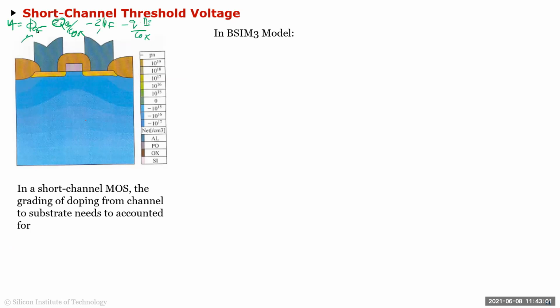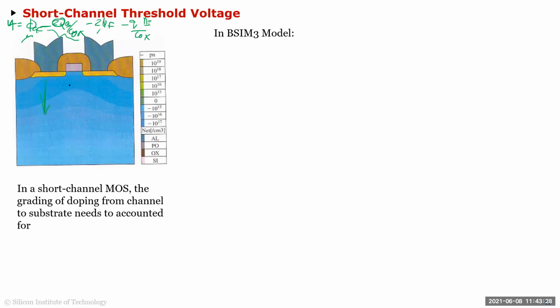Obviously the work function difference is what it is. The high field doesn't make any difference. This factor over here, the QB over COX, which has a huge difference on the VT when you're applying a substrate bias voltage, actually depends on how linearly this channel is graded here, right?